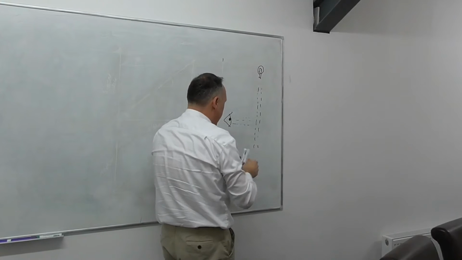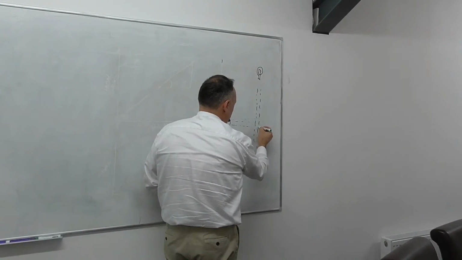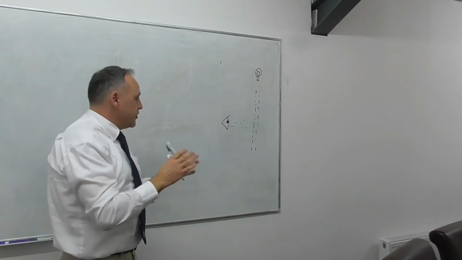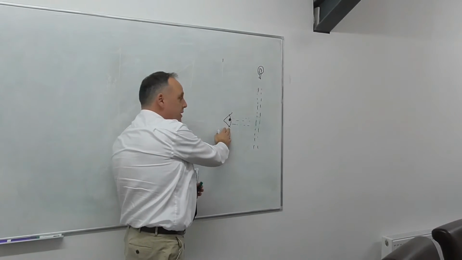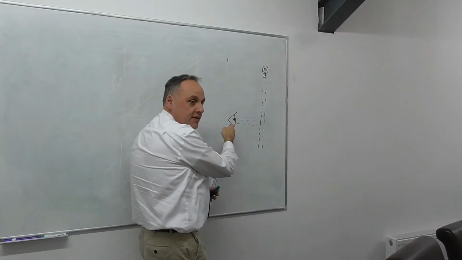So we're looking at an area of turbidity within that light beam where all of the particles refract that light through 90 degrees. We collect that light, and the more turbidity there is, the more signal we get.